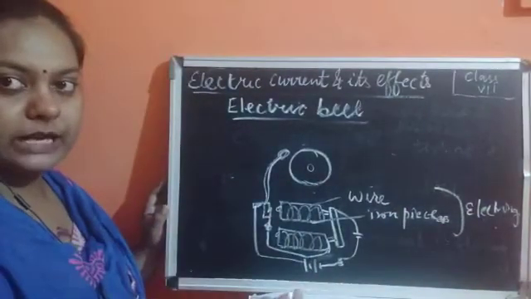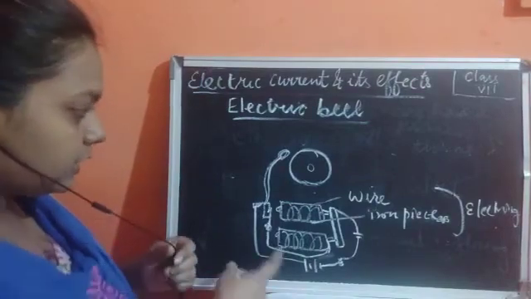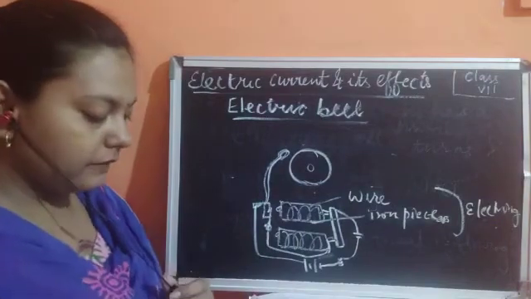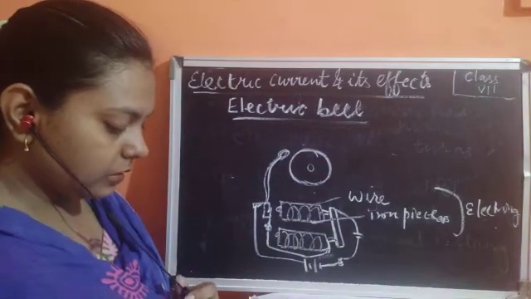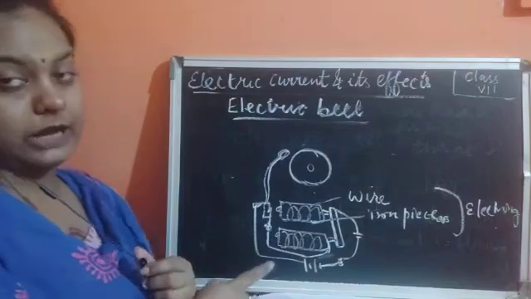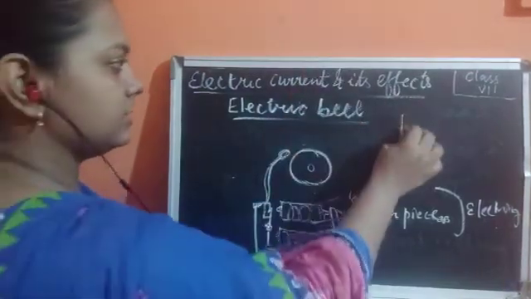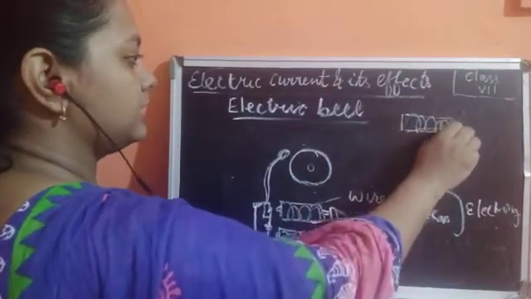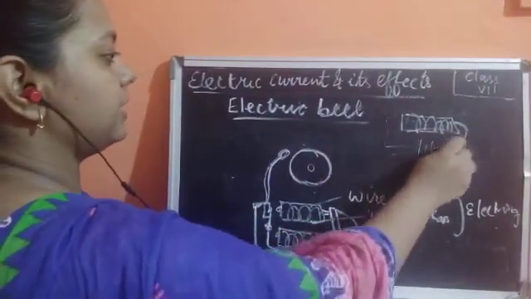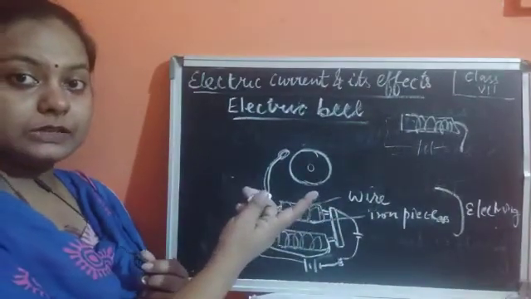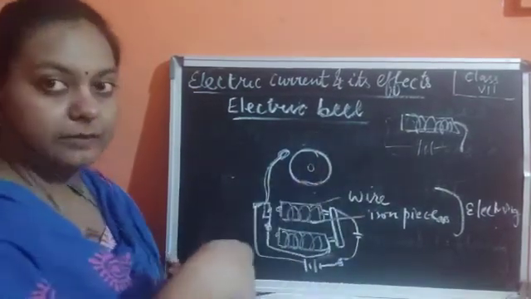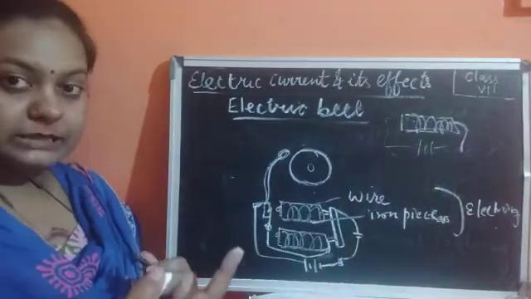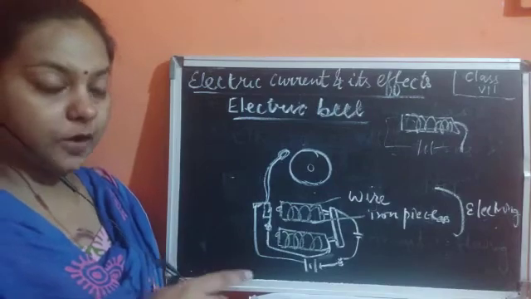Now I'll let you know how this behaves like an electromagnet. This wire is wound on the iron piece, remember. The coil acts like an electromagnet. As I told you, one iron piece has a solenoid upon it, and it is connected with a battery and a switch. As soon as the current is switched on, it starts behaving like a magnet, because electric current starts flowing and the iron piece turns into an electromagnet.